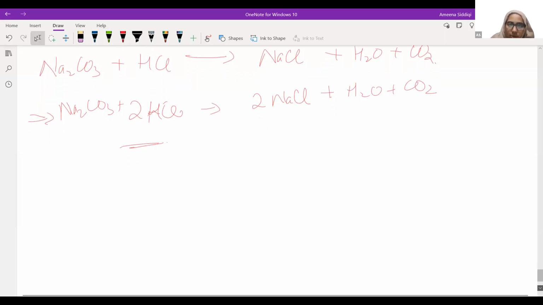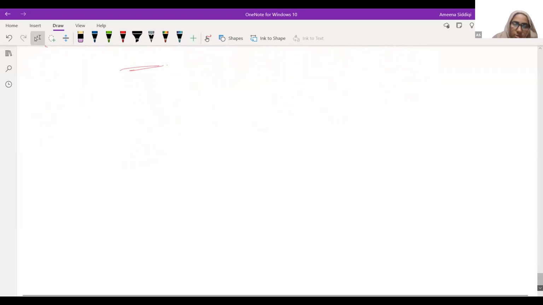Some important points regarding a balanced chemical equation. Balancing a chemical equation is based on what law? Law of conservation of mass. Very good. So, some important points in a balanced equation.